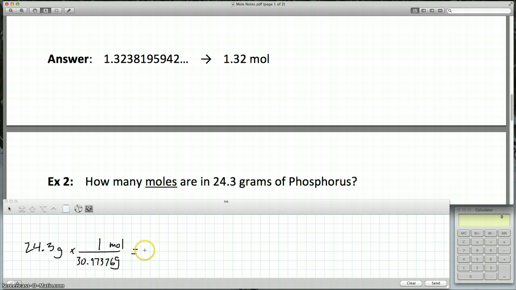It's hard to write with this thing when you're not looking at it. Okay, so I do that math. 24.3 times the top number, divide by the bottom number, and I get that big long number for an answer.